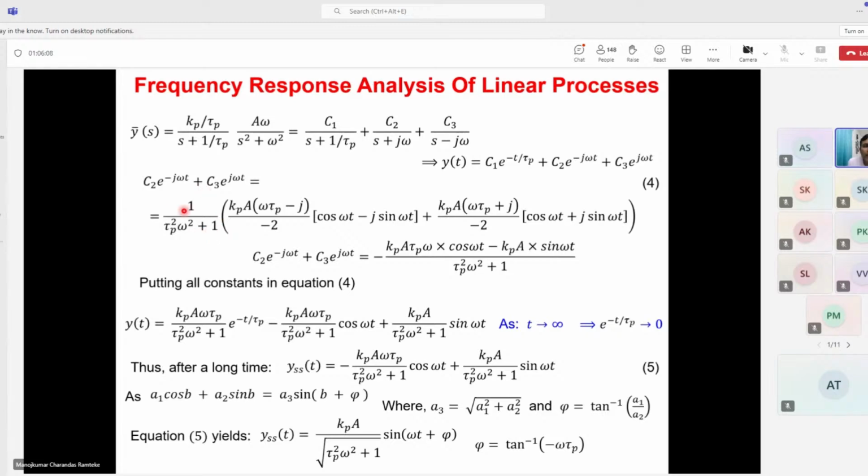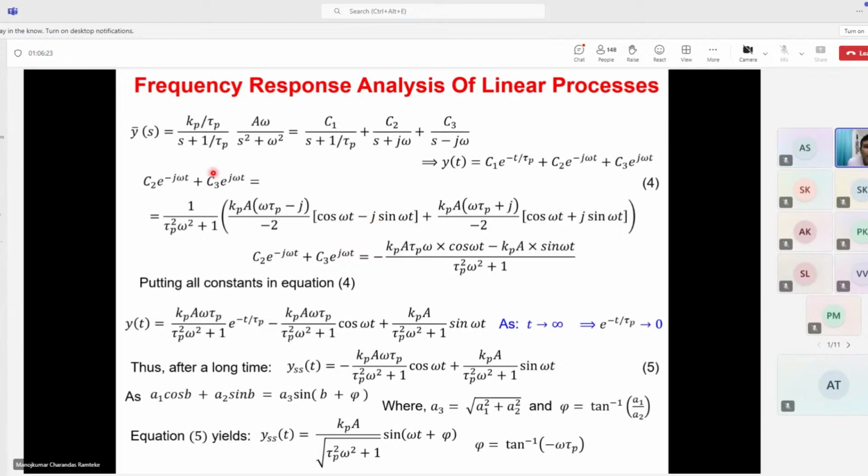This term, τp²ω² plus 1, we have taken common. And again, e raised to the power minus jωt is represented in terms of sine and cos. So this e raised to the power minus jωt is given as cos ωt minus j sin ωt.